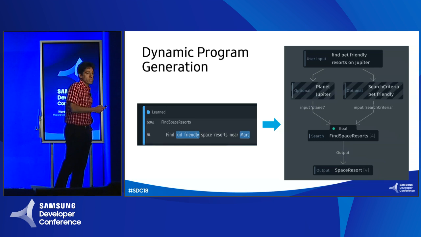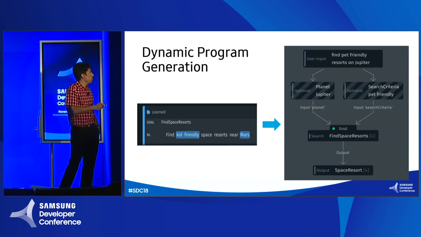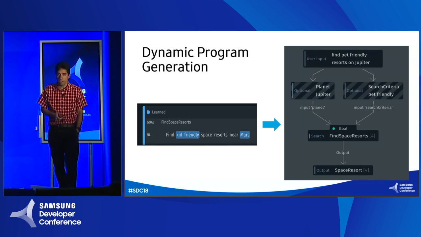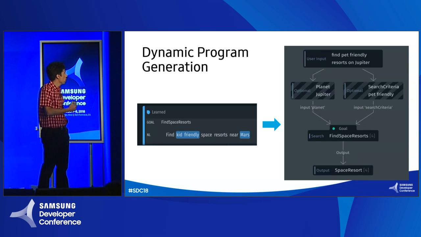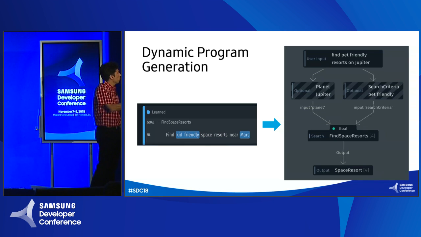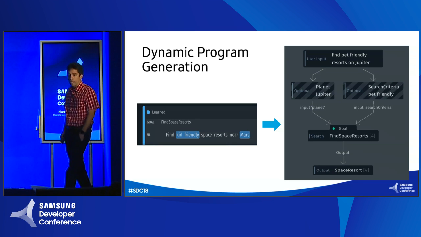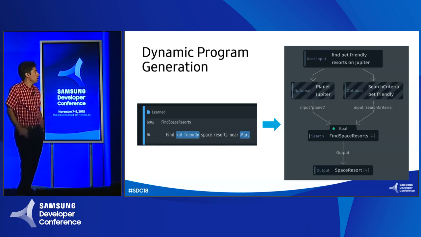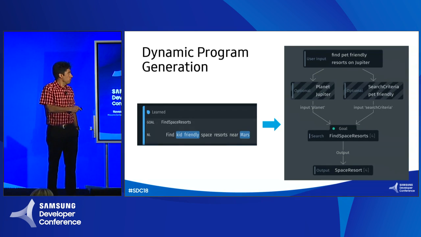This is a pretty simple plan generated by Bixby, but it demonstrates the capability of Bixby in plucking out the parts of this input, the planet, Jupiter, and the search criteria, passing them into the action, and then finally executing the action and getting the results.